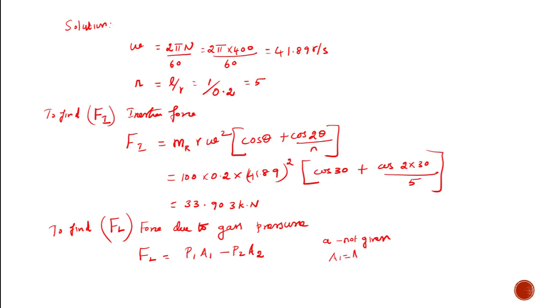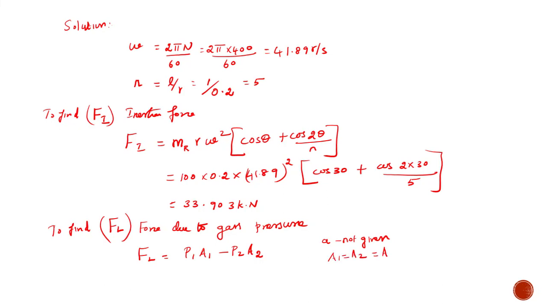a1 is equal to a2, which is equal to a. The rod dia is not given, so I'm just going to take that as 0. So obviously a1 and a2 are going to be the same, and I'm just going to take that as a.